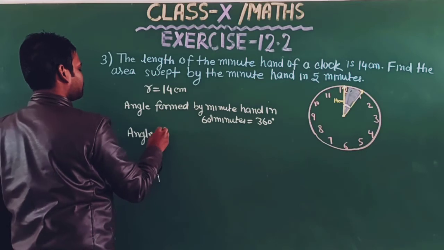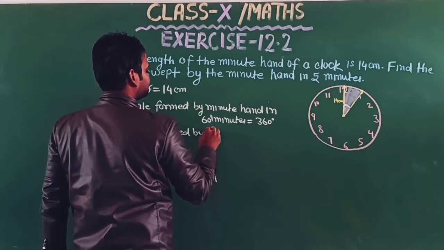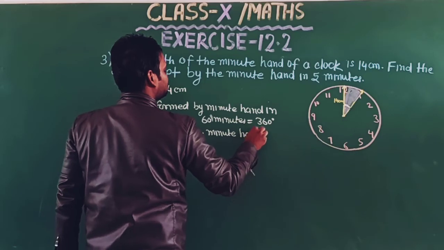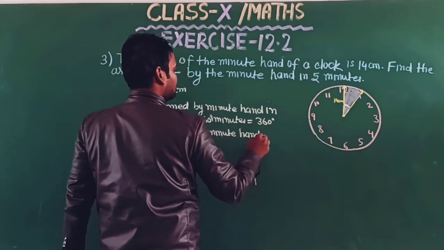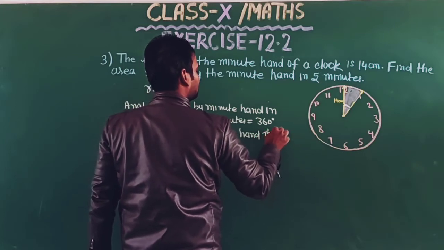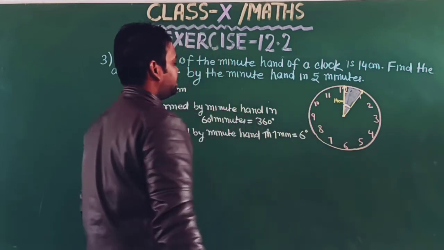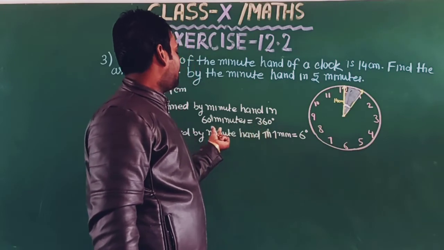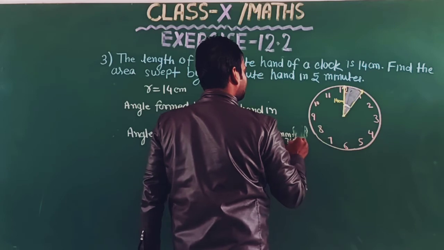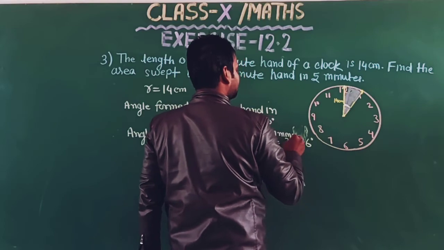So therefore the angle formed by the minute hand in 1 minute is equal to 360 degree upon 60, equal to 6 degree.